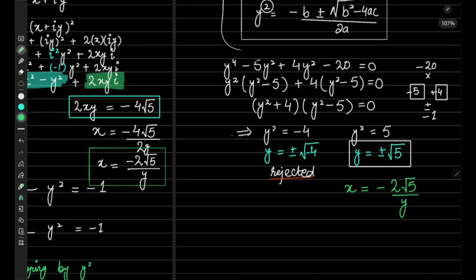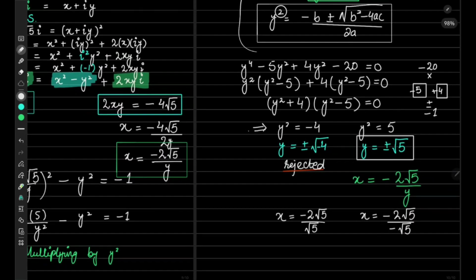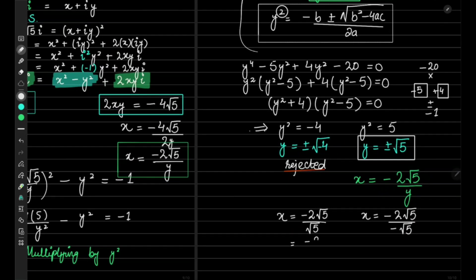So this will give you either x equals minus 2 root 5 over root 5 or x equals minus 2 root 5 over minus root 5. So that will give you either minus 2 or x to be equals to 2.